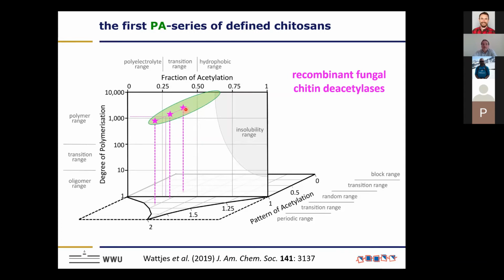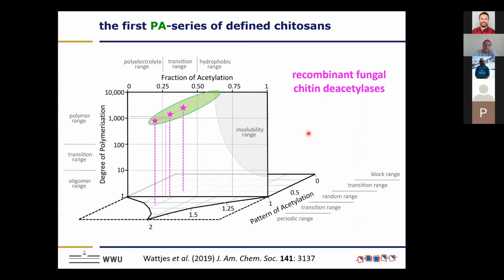So we cannot access, using this strategy, the full range of the pattern of acetylation. And that's also not surprising. We cannot really reach blockwise distribution because our substrate with the fraction of acetylation of 0.6 already has a random distribution. So there are no large acetylated blocks in such a chitosan.